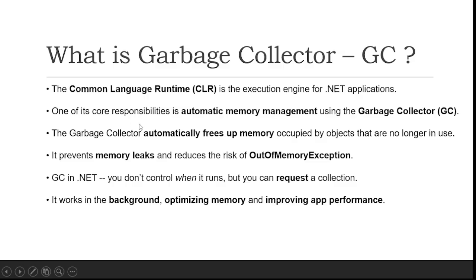So the garbage collector automatically frees up memory occupied by objects that are no longer in use. In that way it prevents memory leaks. If the objects are not destroyed or collected by the garbage collector, they will keep utilizing the memory of the .NET framework, and in the end it starts causing a memory leak, or maybe throws an out of memory exception.